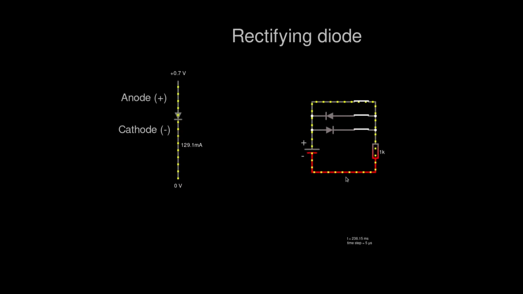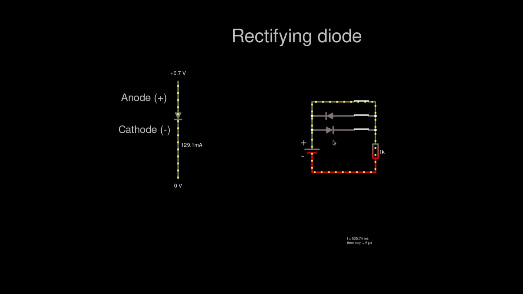This circuit over here: I have a voltage source that has plus and negative potentials, 5 volts to be exact, and I have a resistor that limits the current, or can be viewed as a circuit that is using the current from our schematic.